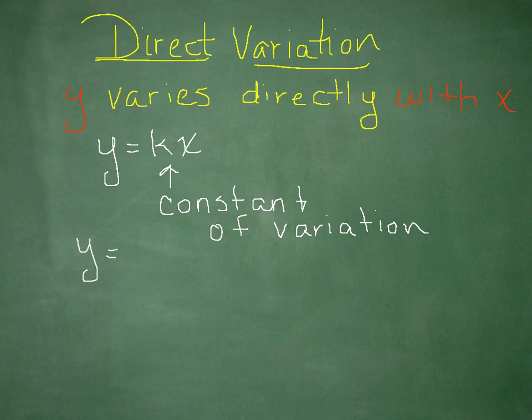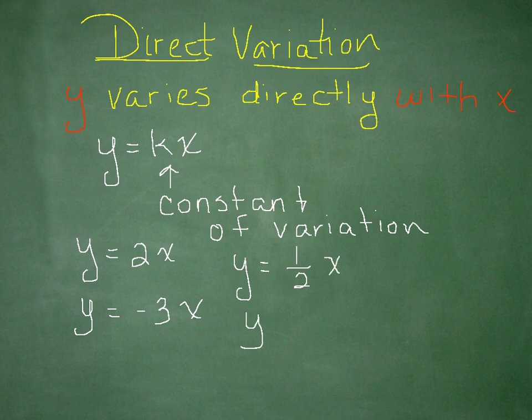It could be y equals 2x, or y equals negative 3x. It could be fractions, so y equals 1/2 x, or even y equals negative 7/5 x. You get the idea. But y equals some number times x.